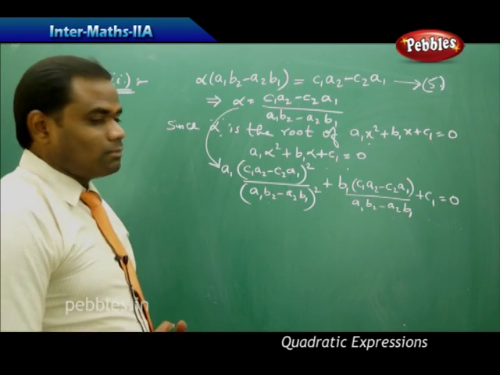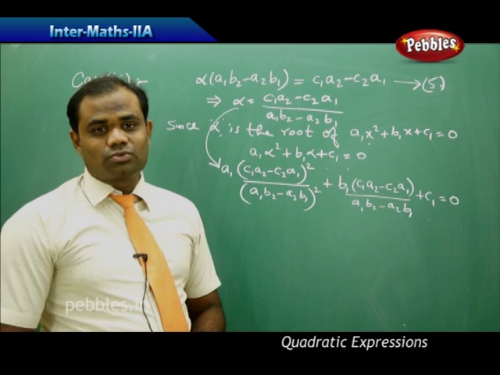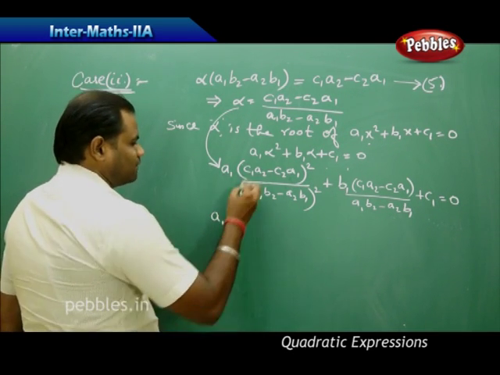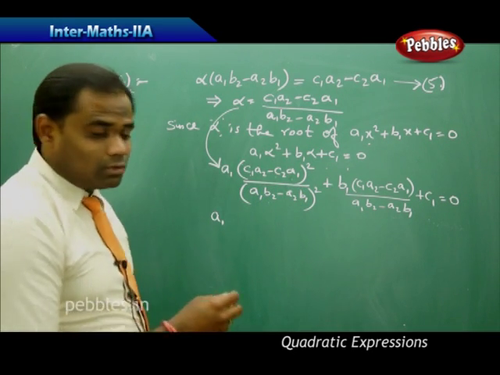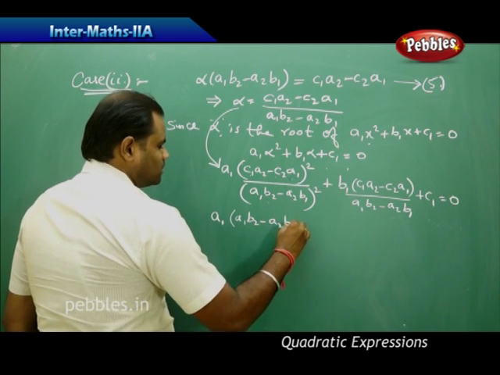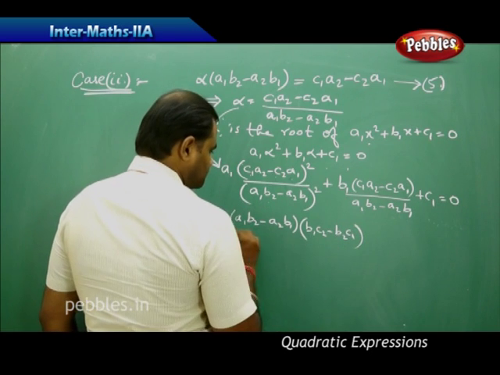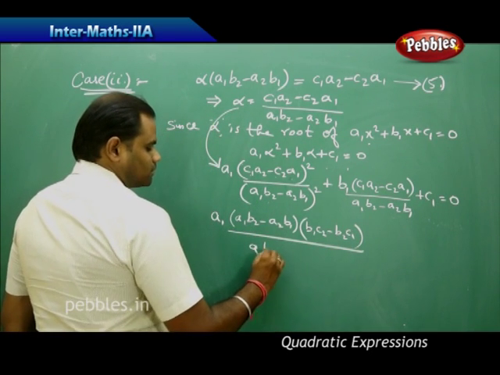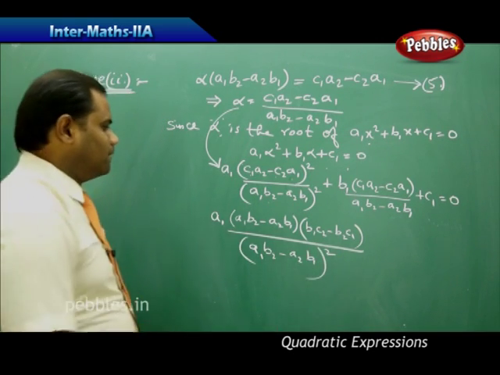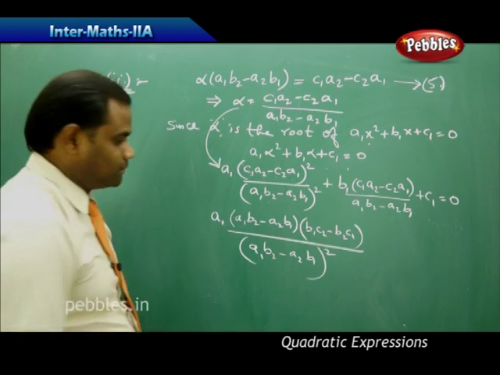Now from the sufficient condition, I have this (c1a2 minus c2a1) whole square with its own formula. So from sufficient condition, I have (c1a2 minus c2a1) whole square is nothing but (a1b2 minus a2b1) into (b1c2 minus b2c1) by the denominator, which is (a1b2 minus a2b1) whole square, where this whole is substituted with this from the sufficient condition.